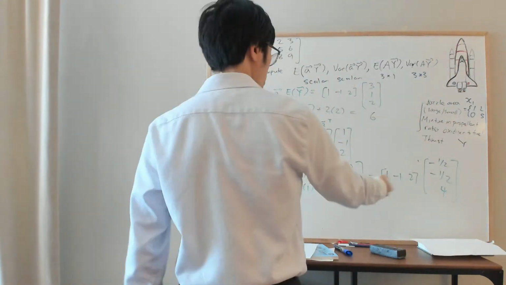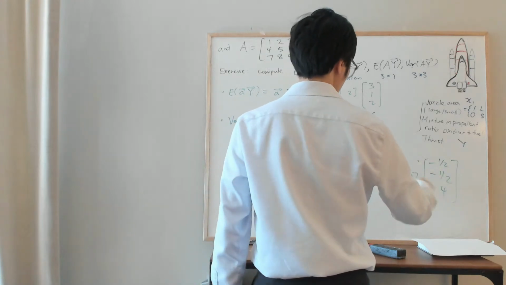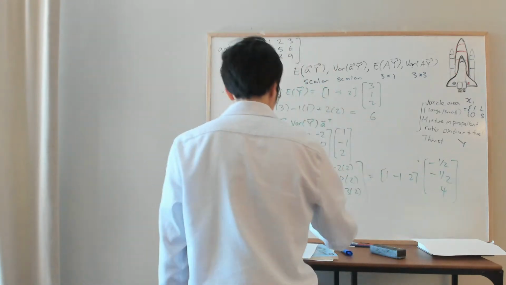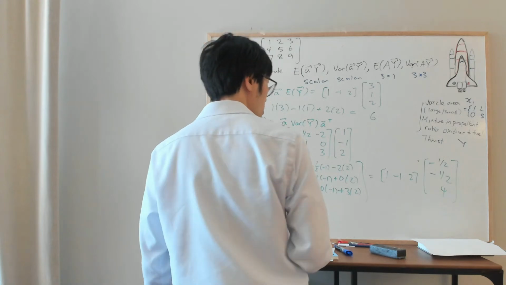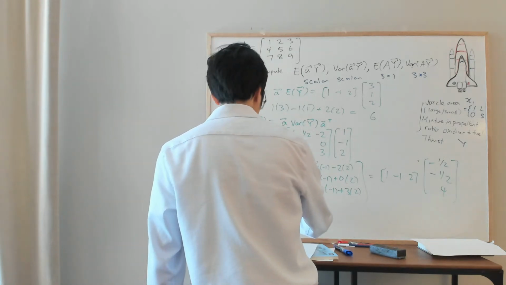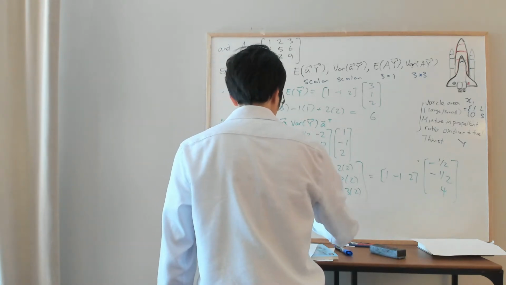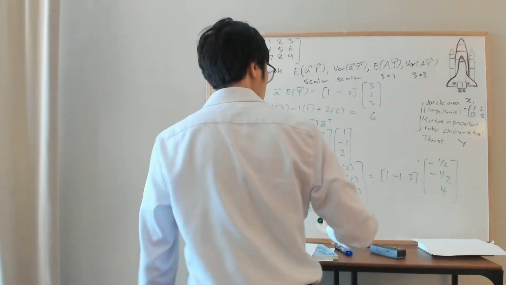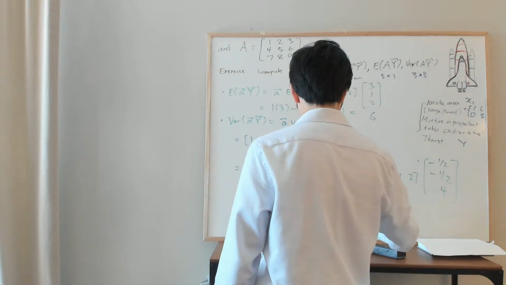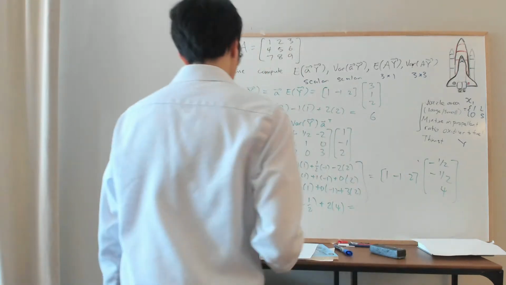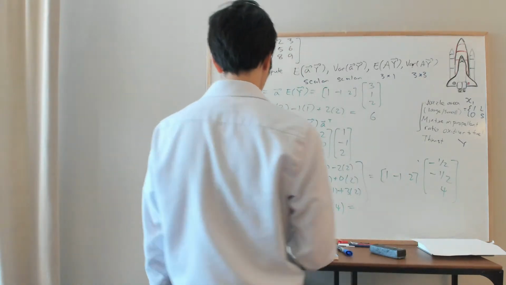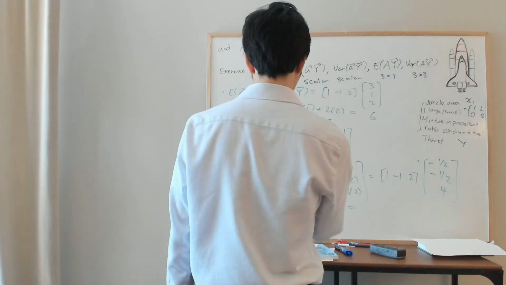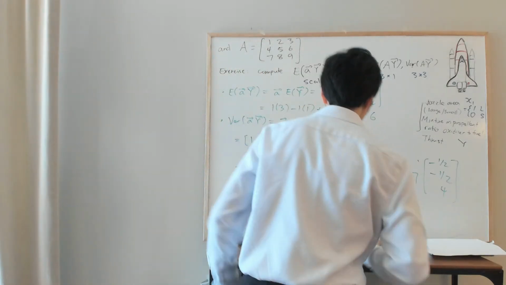Okay, so now we're back down to vector with vector, so that's why we get the scalar. 1 times a half, minus 1 times minus a half, and then plus 2 times 4. Okay, so that cancels, and so we just end up with 8.